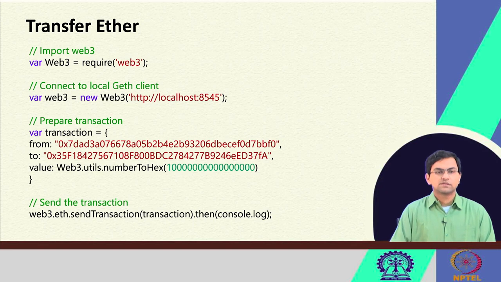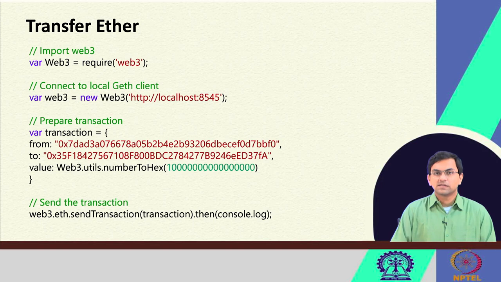So, similar to this querying of balances from different accounts, you can also do transactions. Okay. Now, for executing transactions, the process is very similar to the one we were doing through curl and sending an HTTP post request.